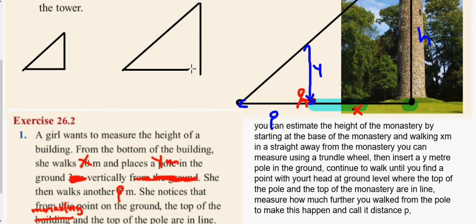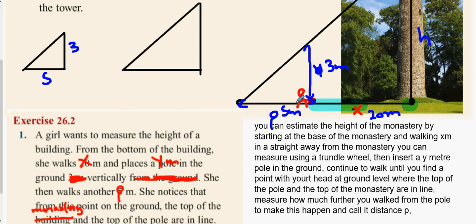Okay, so imagine we knew all the numbers. For argument's sake, X was 20 meters, P was 20 meters till you put the pole on the ground, an extra 5 meters until you found a position where it lined up, and Y is a 3-meter pole. Now what we would have here is that this is 5 and this is 3.